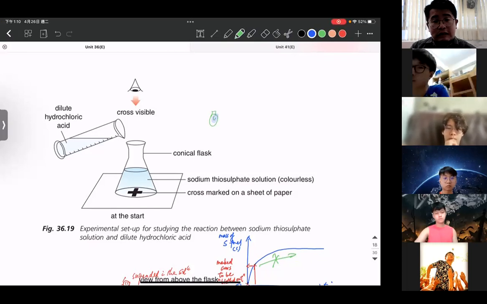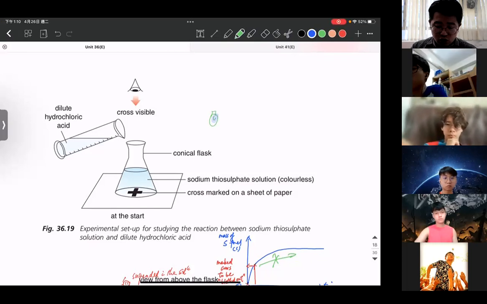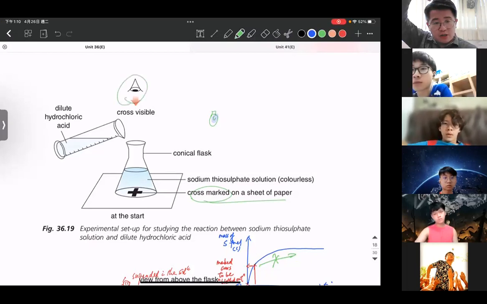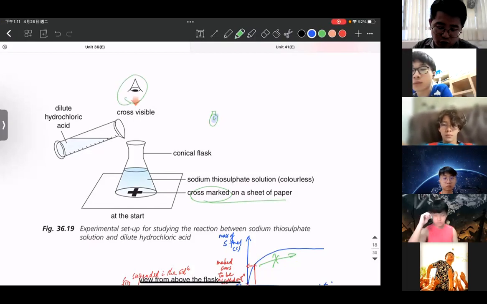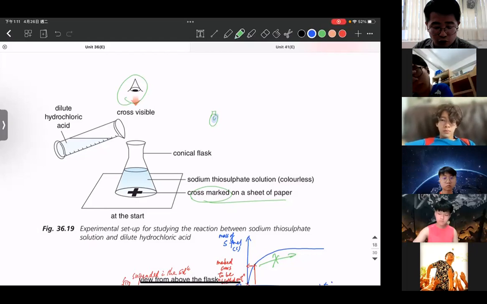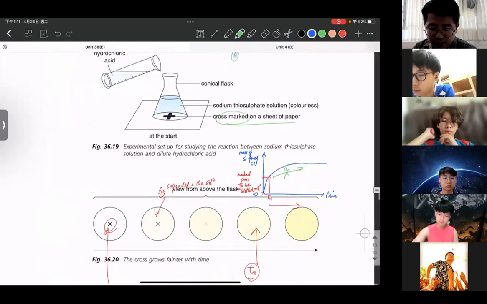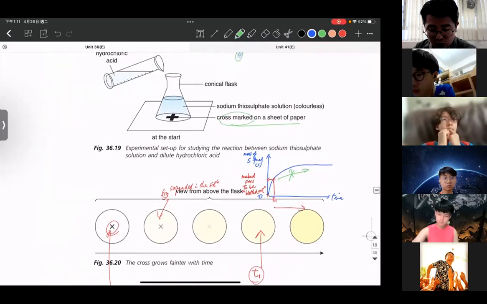Now, how do I design the stage? I put a mark cross on a sheet of paper underneath the conical flask. I will look vertically from above the conical flask. While you look through without anything else, of course, the mark cross can still be seen, right? After some time, because sulfur will be formed, it will blur your vision. The more sulfur forms, the more it blurs the mark cross.